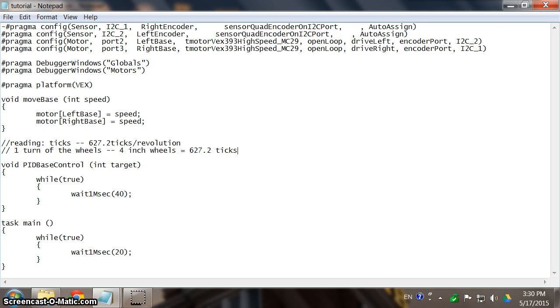And because we have two encoders, one on each side, the error we want to use is the errors of the two sides added together. So basically, we need to multiply that by 2.